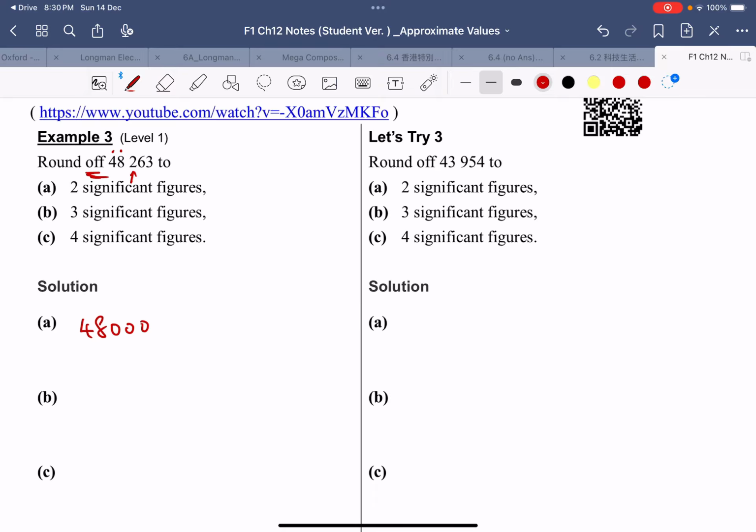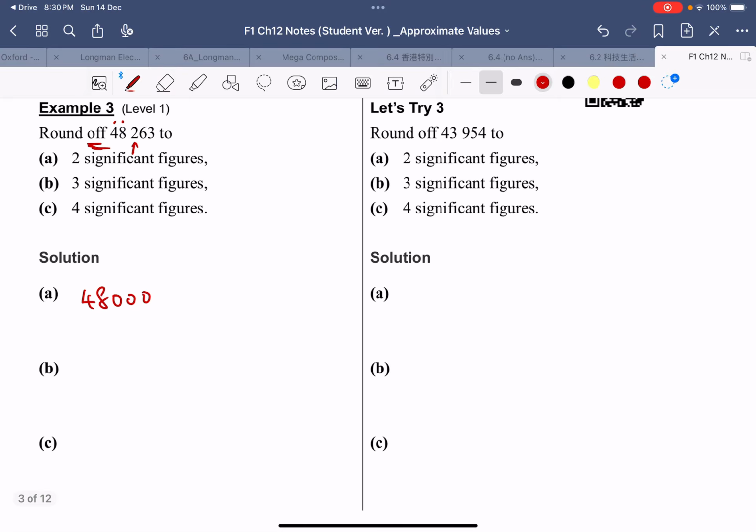And when you look at your answer, I think you can automatically know there are only 2 significant figures here. 1, 2. Okay, so I round this 5 significant figure number to a 2 significant figure number.